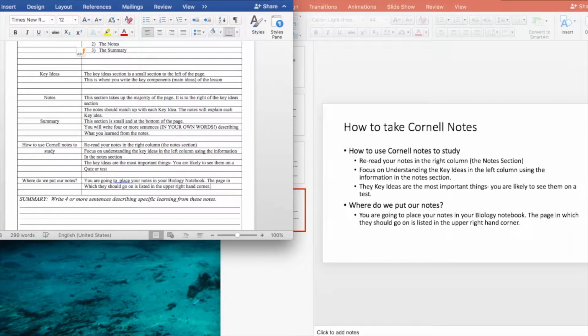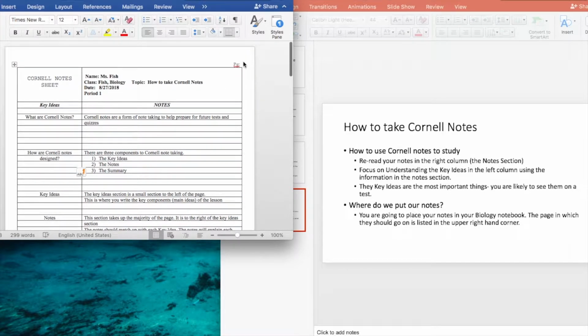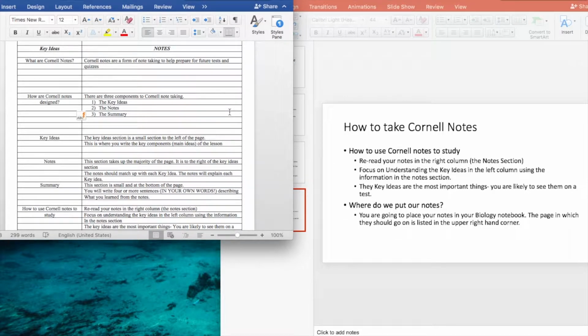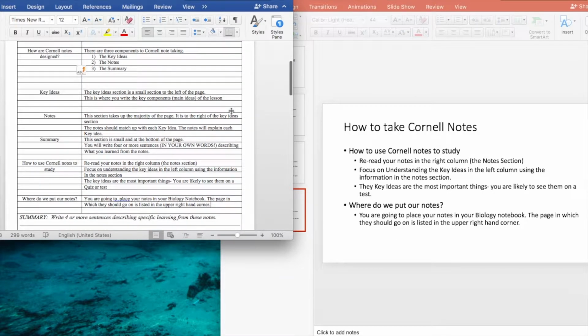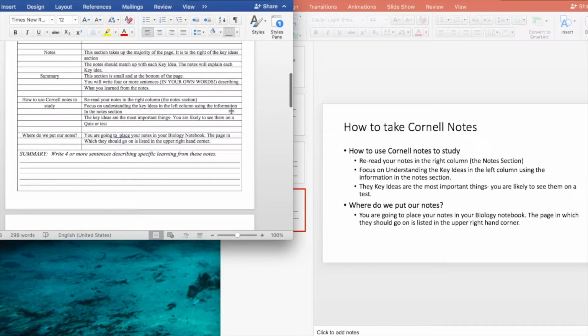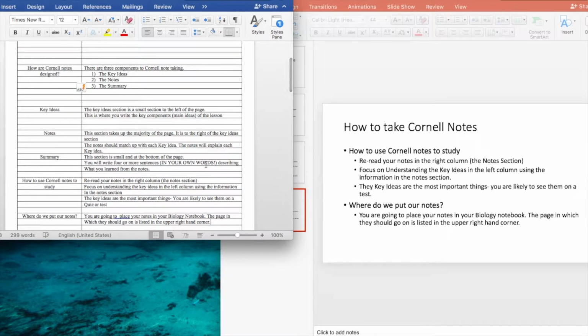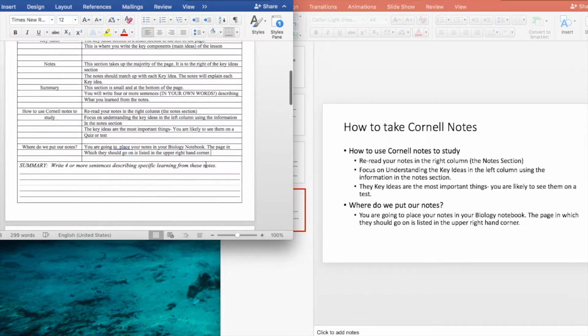So up here on your paper, there will be a page number. That page number needs to correspond and be glued or taped on to the page number in your notebook. Tomorrow I'll show you where you're going to put this inside your notebook. Just hold on to it and keep it safe for now.